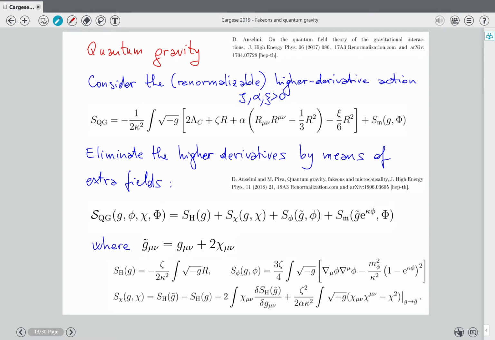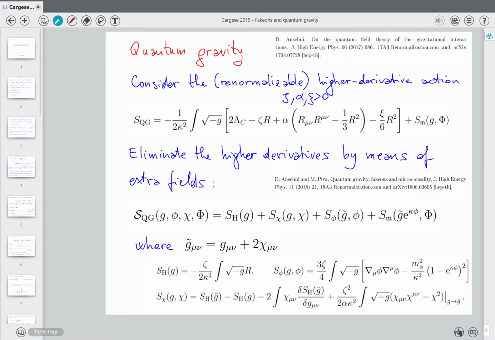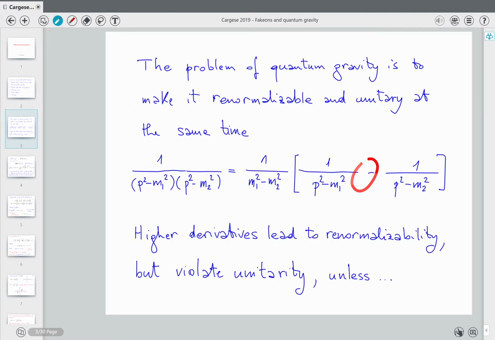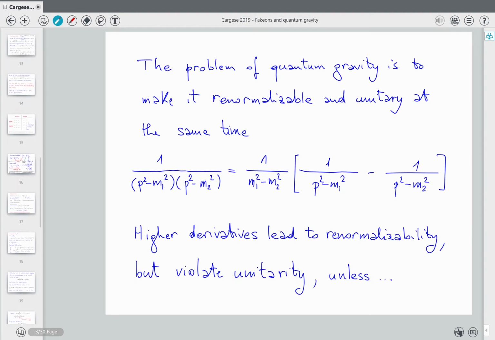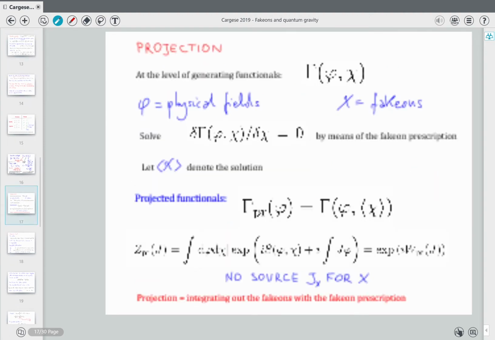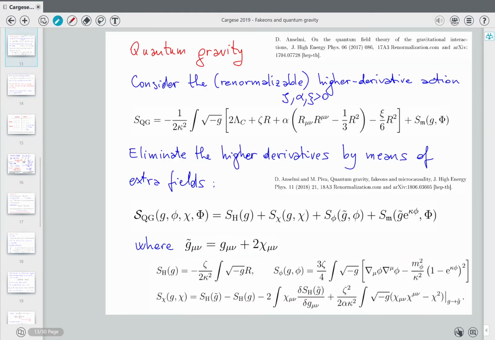This is a higher derivative theory, and you will have propagators with some wrong signs. Which ones? There is a way to see which propagators have the wrong sign.